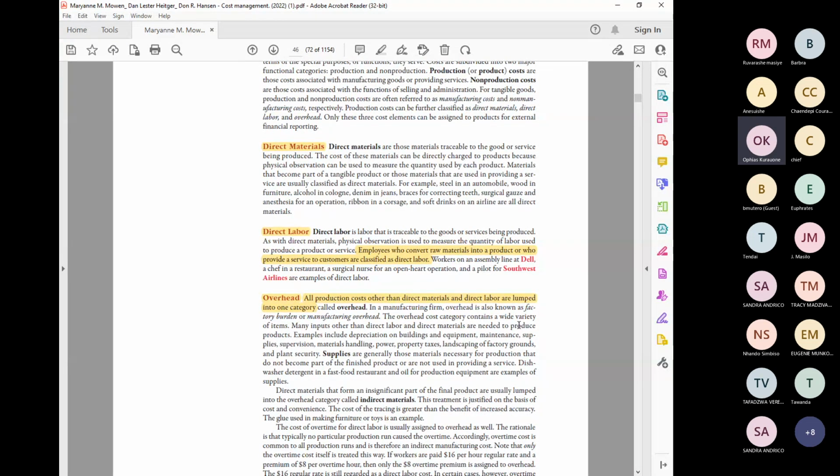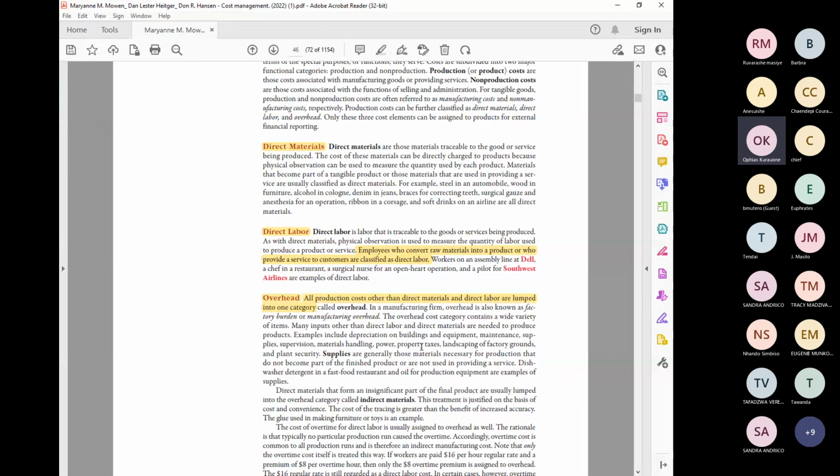So here we are saying all production costs other than direct materials and direct labor are lumped into one category called overhead. The overhead costs category contains a wide variety of items. Many inputs other than direct labor and direct materials are needed to produce products. Like what I was saying, the driver, that pilot, needs an aeroplane, and the aeroplane needs fuel. It becomes an overhead.